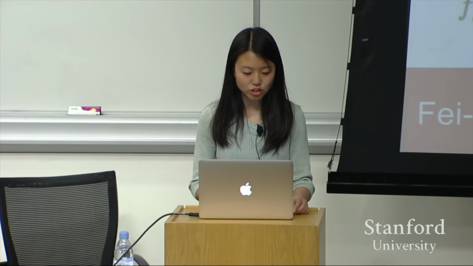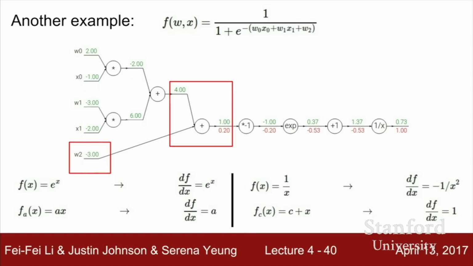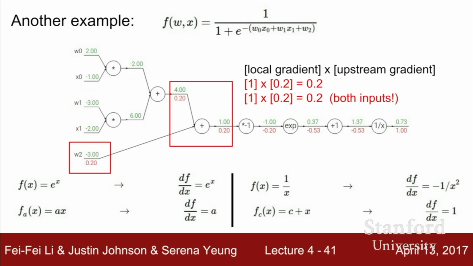OK, now we've reached an addition node, and in this case we have two branches both connected to it. What's the upstream gradient here? It's 0.2, just as everything else. The gradient with respect to each of these branches is an addition, and we saw from before in our simple example that when we have an addition node, the gradient with respect to each of the inputs is just going to be 1.